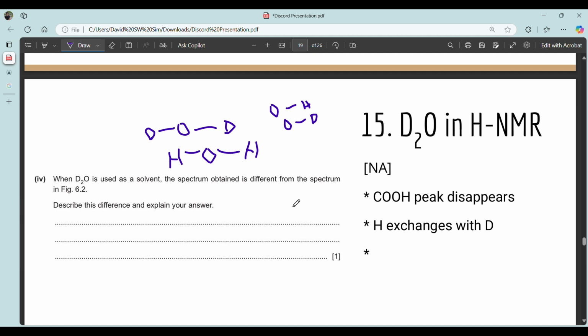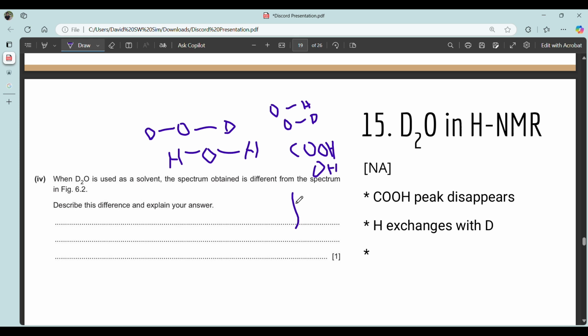So what is the effect? Basically, when you use D2O, all of the carboxyl groups, because they have an OH bond, as well as the alcohol OH groups, the peak will disappear.